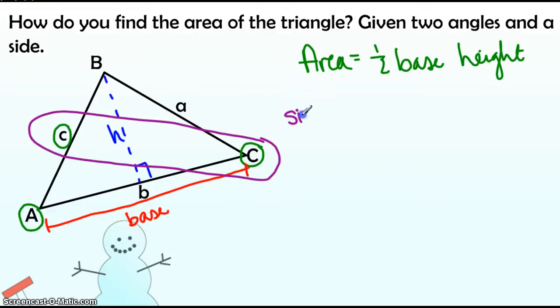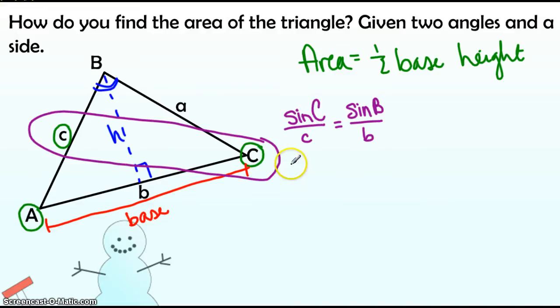So the sine of C over the side length C equals the sine of B over little b. And you might be thinking, well, we weren't given little b or big B, but we can figure this out using the triangle sum theorem.